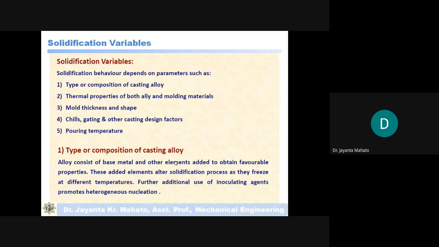Pouring temperature also affects the solidification rate. So these are five different parameters which affect the solidification of the molten material during the casting process.